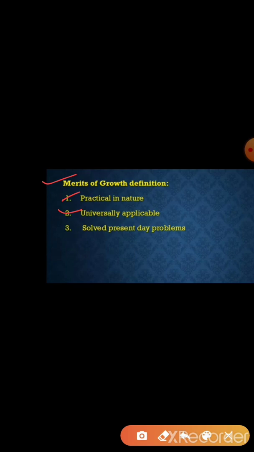The third is that it solves present-day problems. Modern problems like poverty, unemployment, and inflation are covered by this definition. Modern problems are solved with the help of the definition given by Paul Samuelson and the things written in his book of economics.